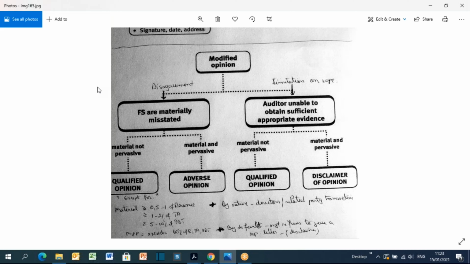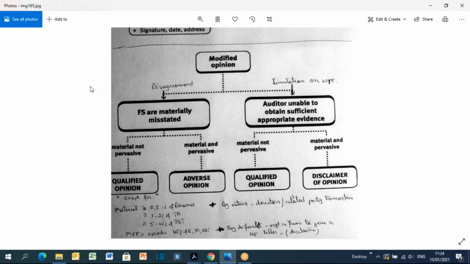When it comes to modified opinions, these are the types of opinion that can be given, and this is a very good layout. To be honest, I've used this in both Audit and Assurance and Advanced Audit and Assurance, because I sat those exams. So first of all, the financial statements are materially misstated.